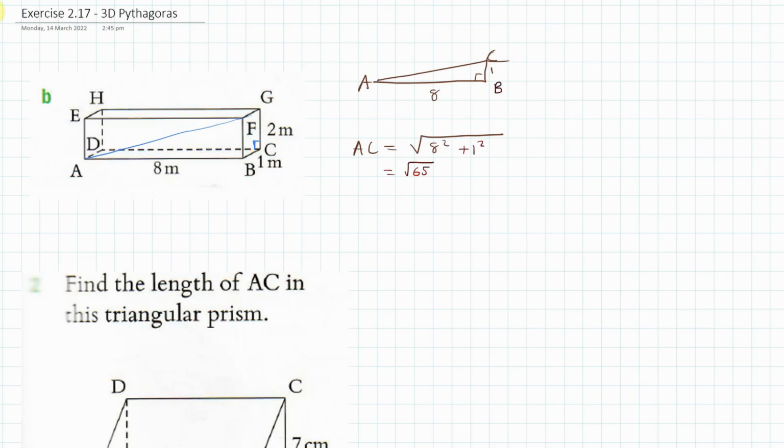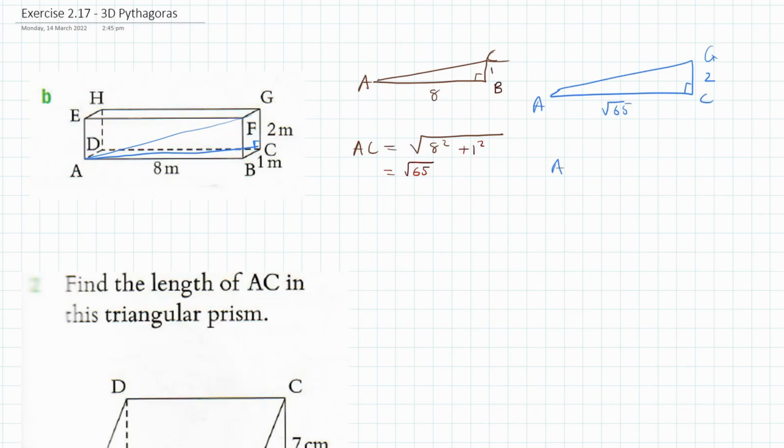So now I've got another triangle and I know the two things that I need. So if you think about triangle ACG, here's A, here's C, here's G. We know that ACG is a right angle triangle. We know that CG is 2. And we know that AC, we've just found it to be square root 65. And now I can find AG, which is what I needed to find.